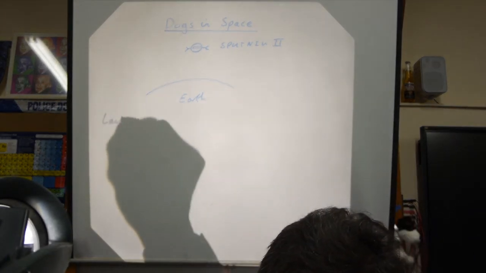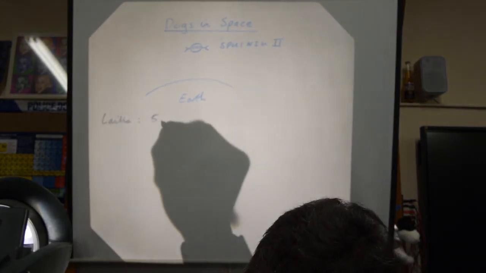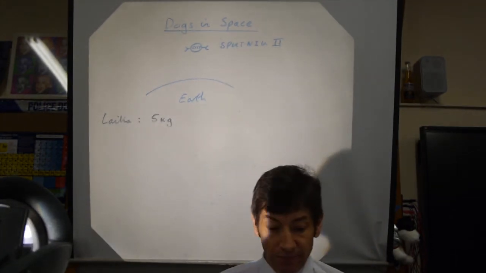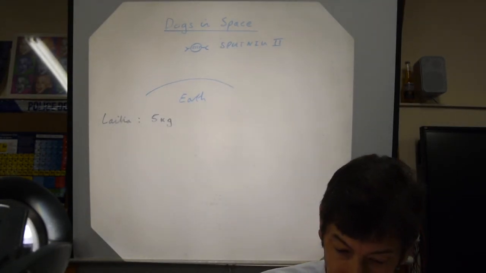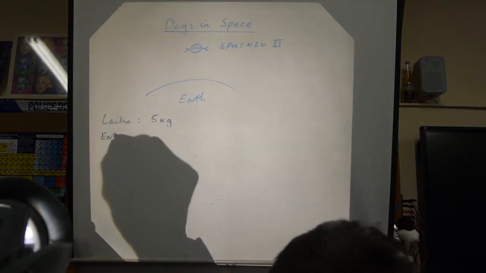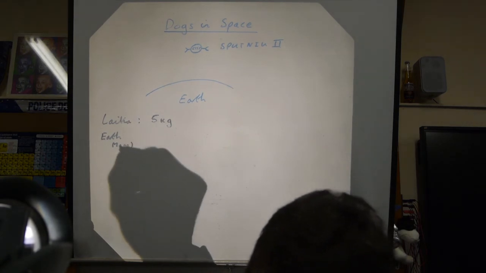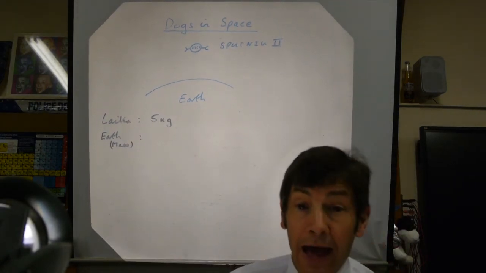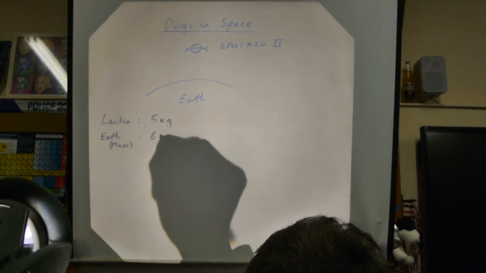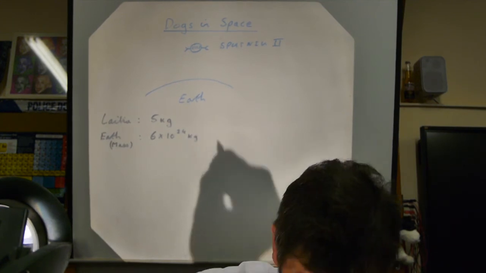Laika the dog was, as near as we got, 5 kilograms in mass. The Earth was the mass that she moved away from, and the mass of the Earth is a very large number, 6 times 10 to the 24 kilograms.